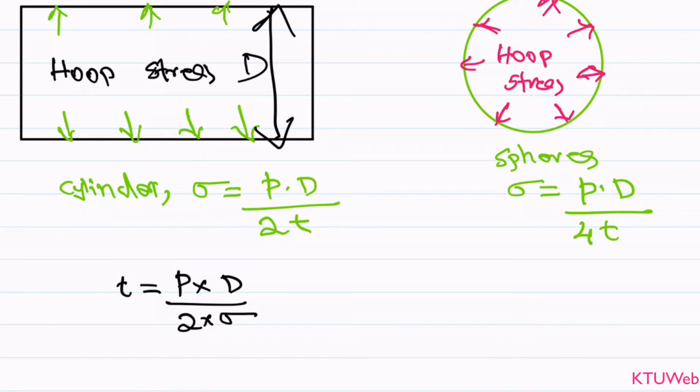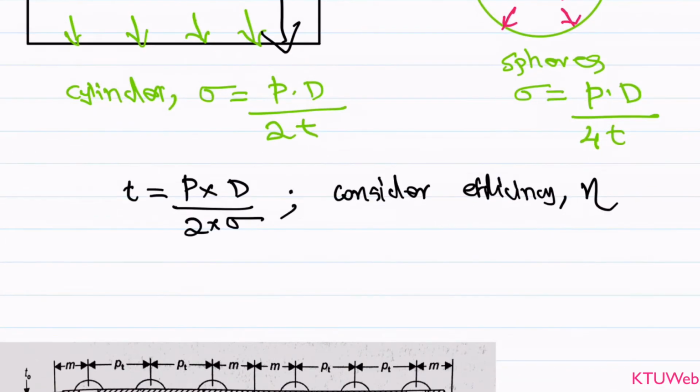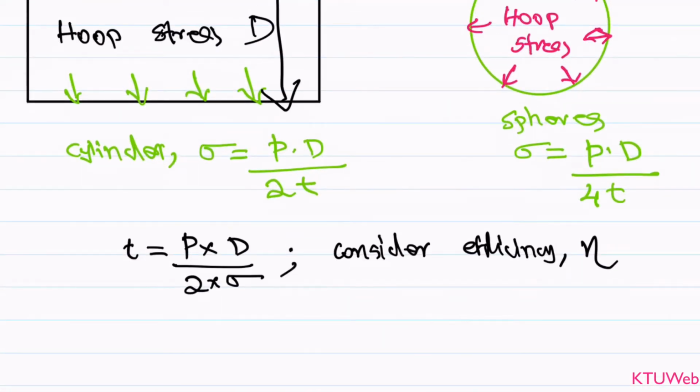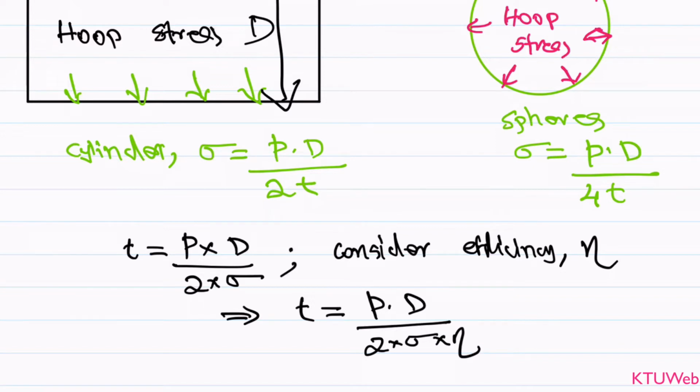But when it comes to rivets, we have to consider efficiency. When you consider an efficiency eta, we cannot have an exact thickness as per 100% stresses. So the thickness becomes equal to P times D divided by 2 times the hoop stress times the efficiency of the rivet joint.